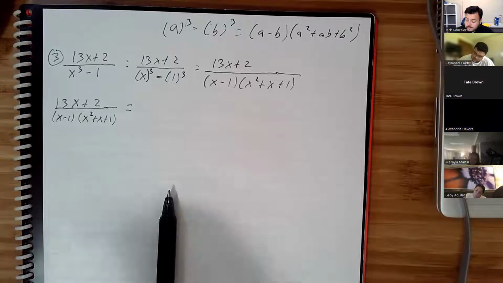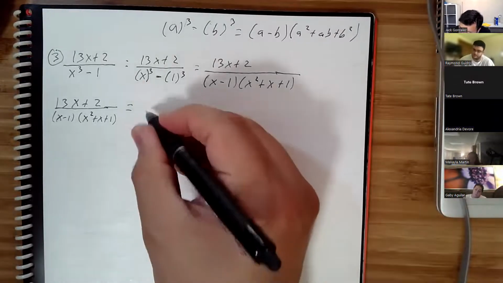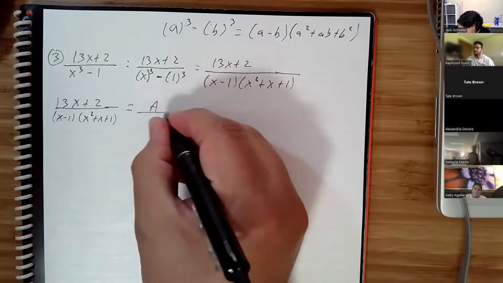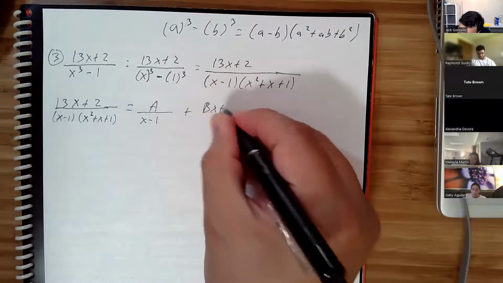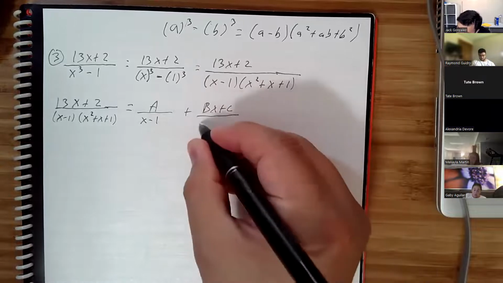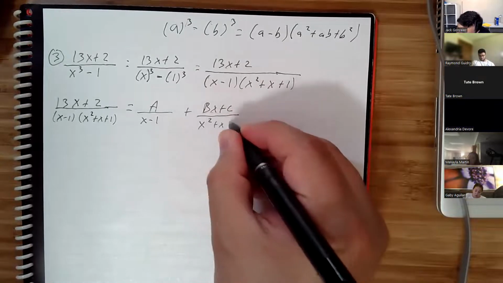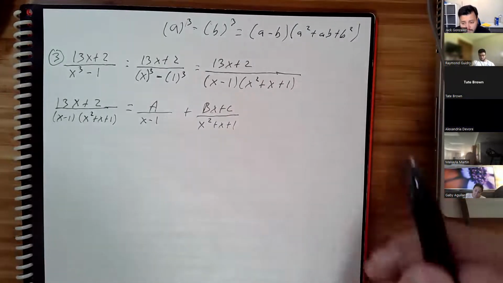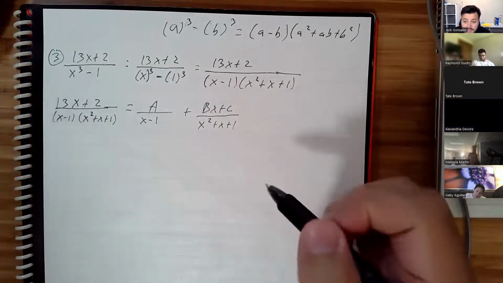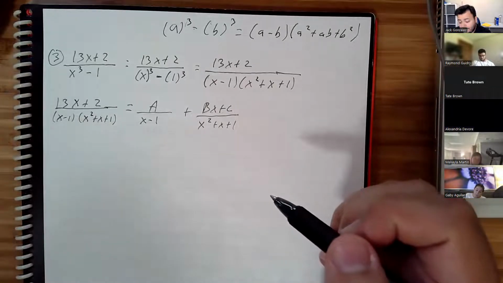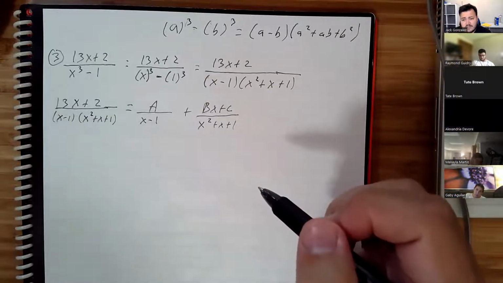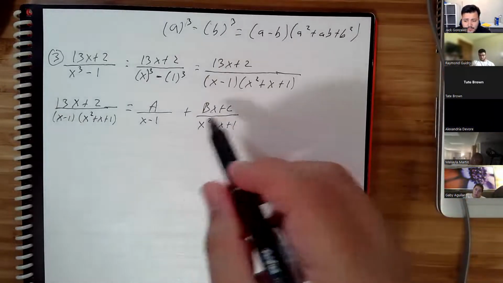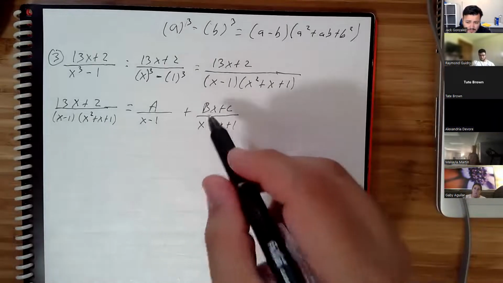All right. So that means we're going to have over the linear factor, just an a, plus bx plus c over this guy, the non-reducible quadratic. I got to use bx plus c. Now, I don't think Heaviside is going to be good for this one because I see a lot of weirdness. And we have a bx and a c.